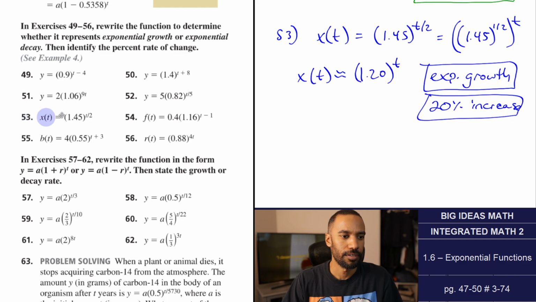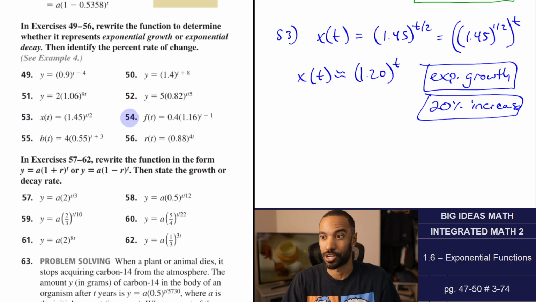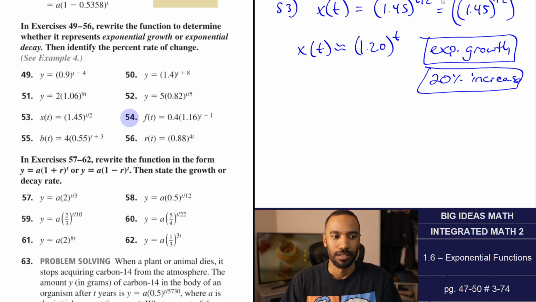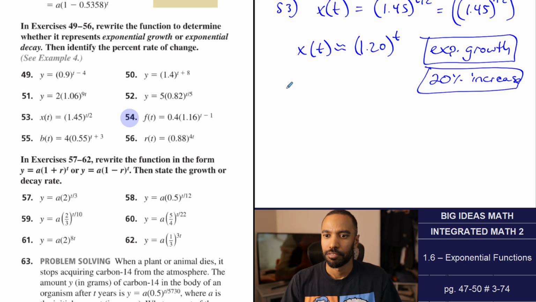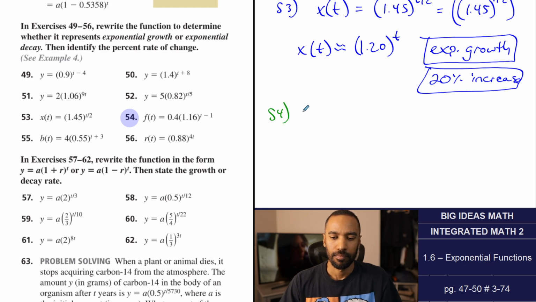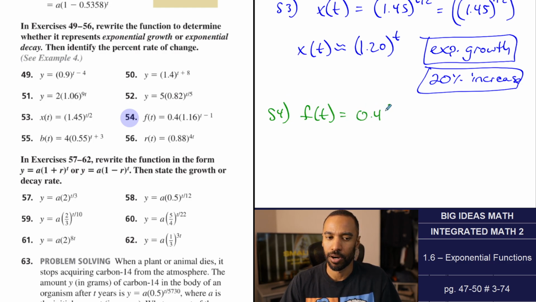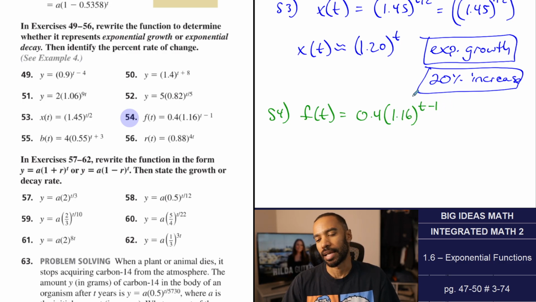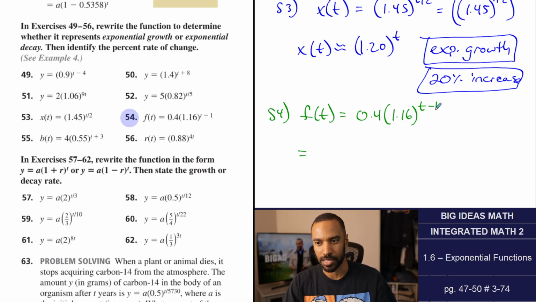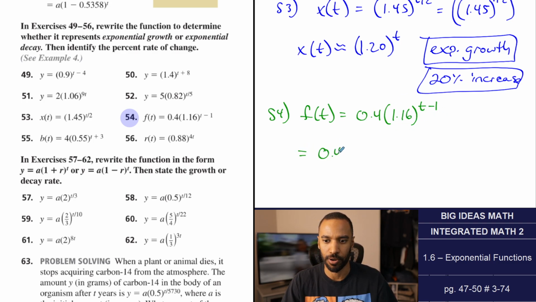Number 54. We have f of t equals 0.4 times 1.16 to the t minus 1 power. That t minus 1 is also a division. Remember, the 0.4 doesn't apply to this base portion, so 0.4 is still out here.